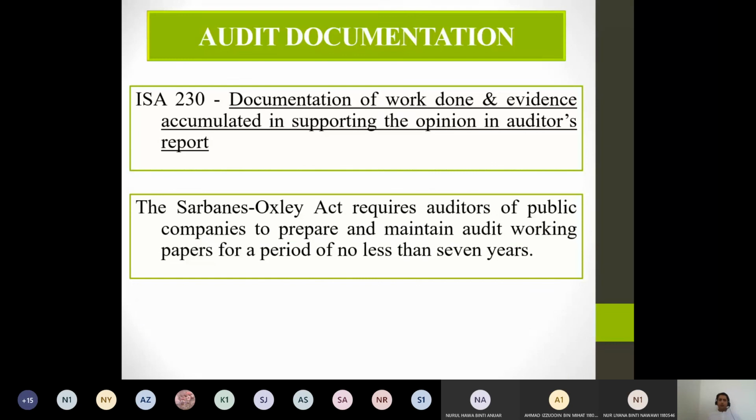According to Sarbanes-Oxley, auditors of public companies are required to prepare and maintain audit working papers for a period of not less than 7 years, whereas IFAC, according to ISA, requires 5 years to maintain the audit documents about the client. And in the case of Malaysia, MIA requires 5 years as well.